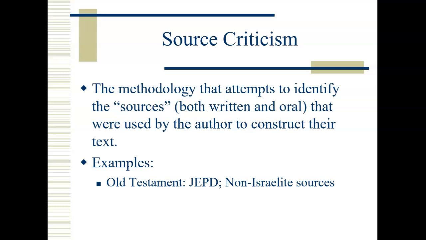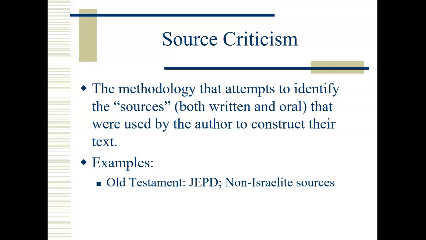The J stands for Yahweh, Jehovah, and so this is material that comes from a Yahwehist. In other words, they use the term Yahweh when referring to God. The E refers to the word Elohim, which is the generic word for God or gods, and oftentimes this is the way in which that author or source refers to God.